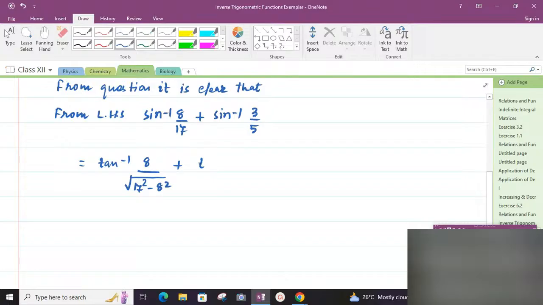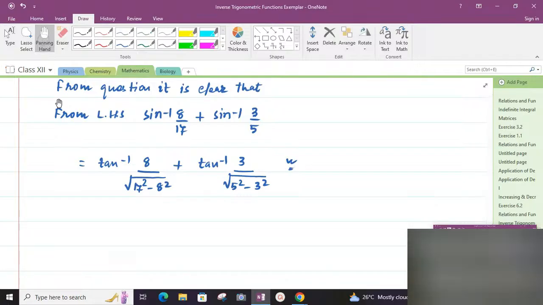Then we write tan inverse p by b, so we write 3 by the square root of 5 square minus 3 square. So we know that b equal to the square root of h square minus p square.